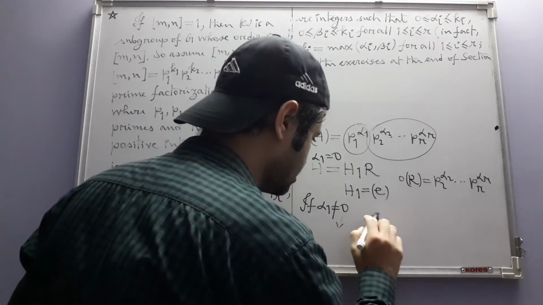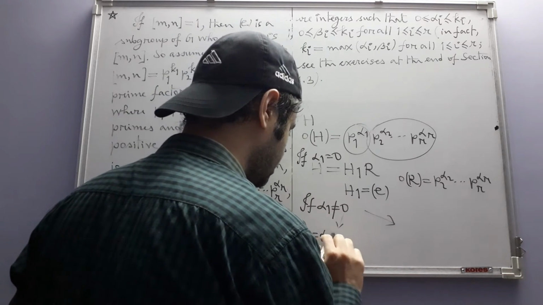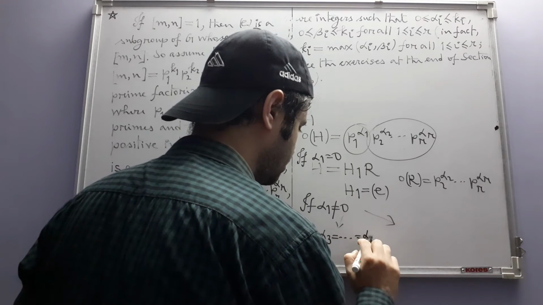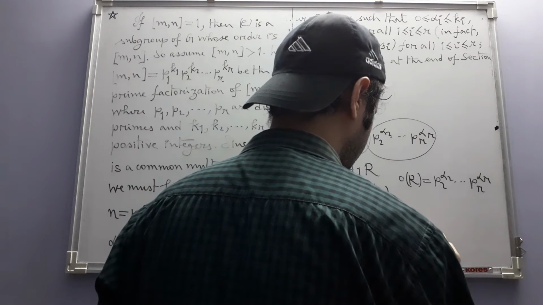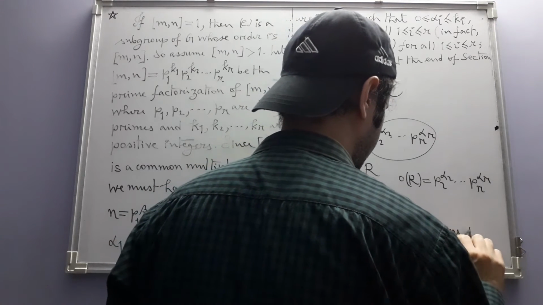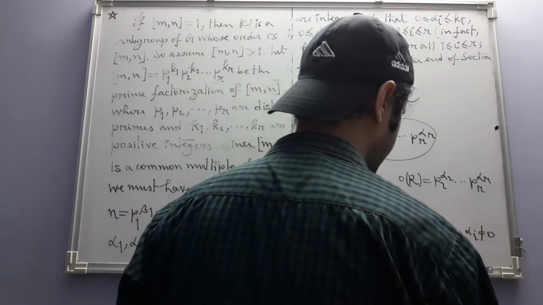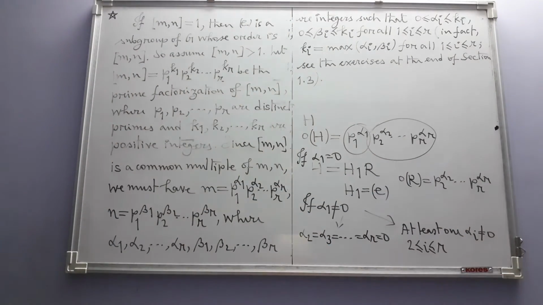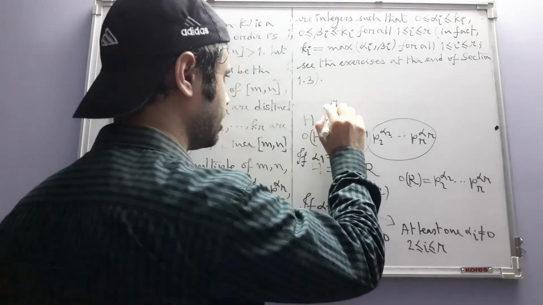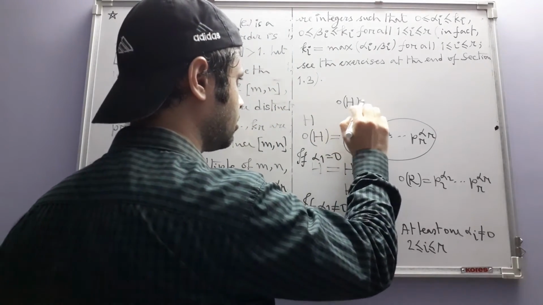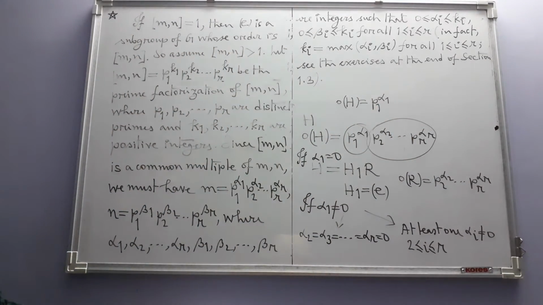So one case is this, that alpha 2, alpha 3, all these are equal to 0, and the other case is that at least one alpha i is non-zero, where i lies between 2 and r. So there are two cases. In this case, what will happen is that the order of H is equal to p1 to the power alpha 1. Okay.